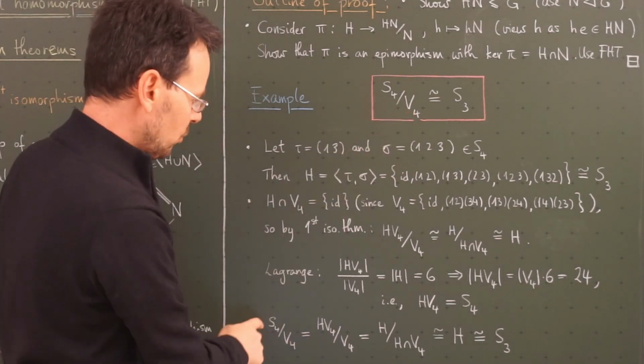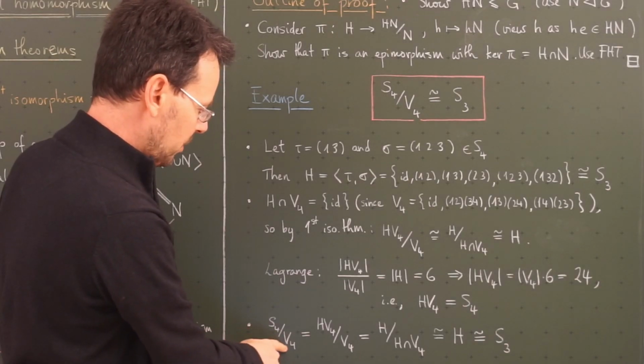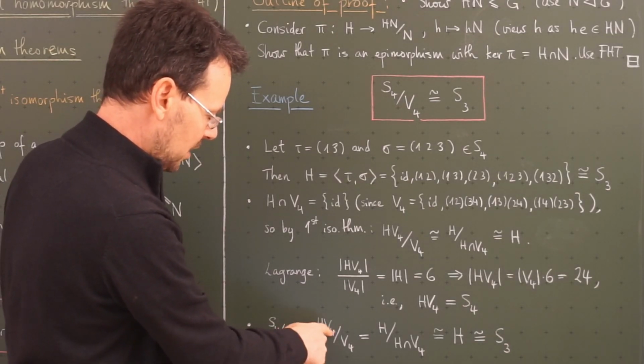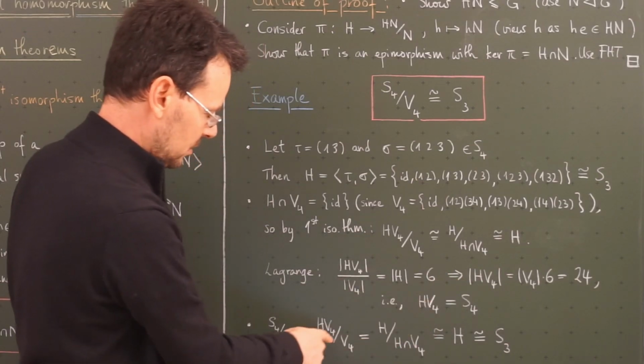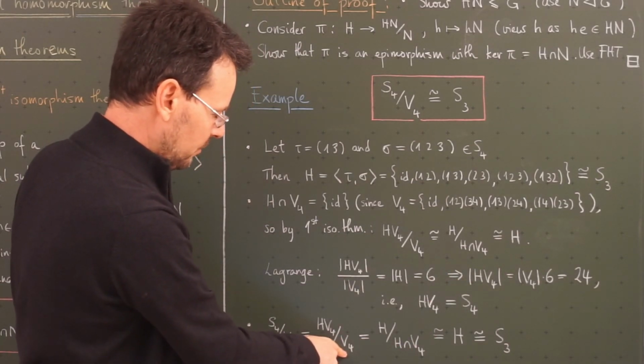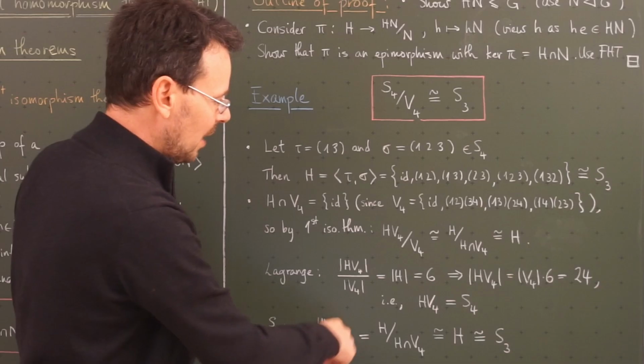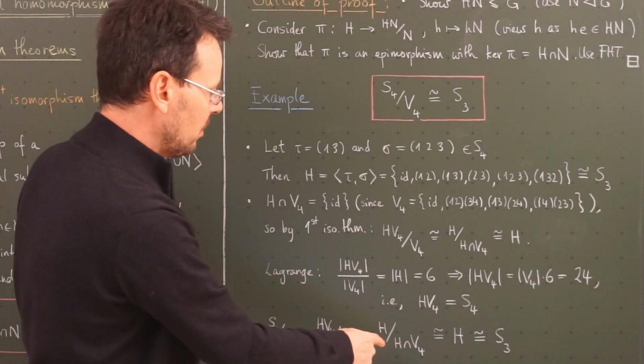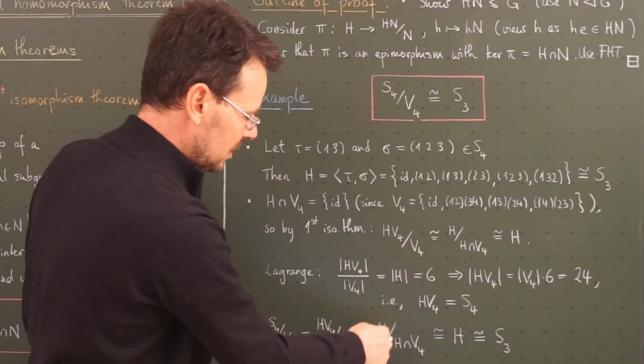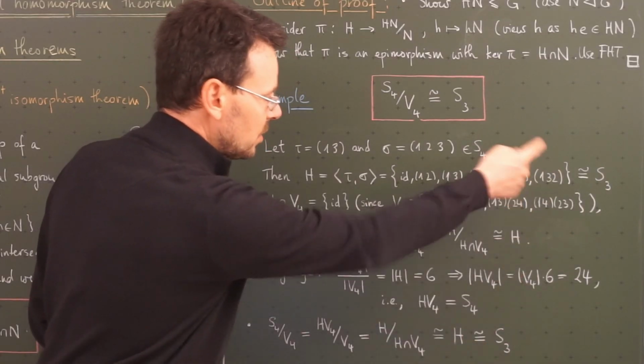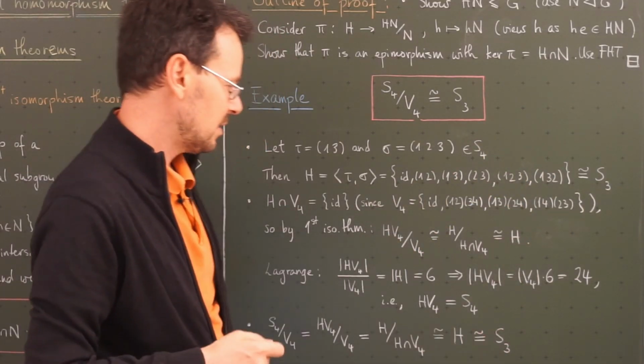So for this quotient, we get S4 mod V4 is HV4, we just proved that, mod V4. And by the first isomorphism theorem, again, what we did here, this is isomorphic to H, which we saw earlier is isomorphic to S3.